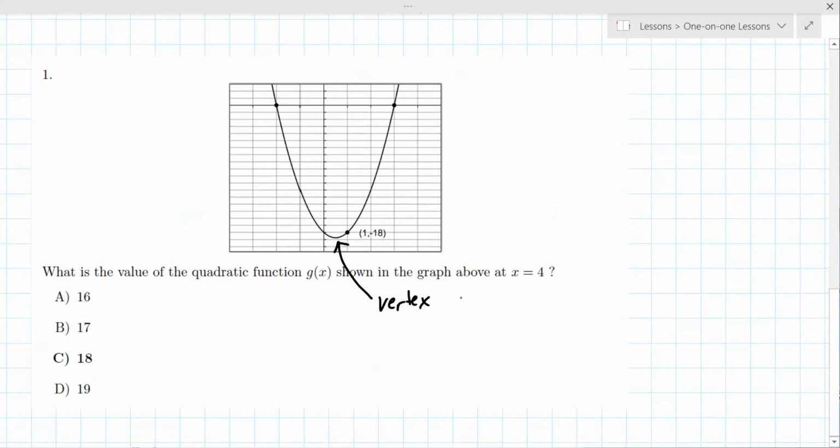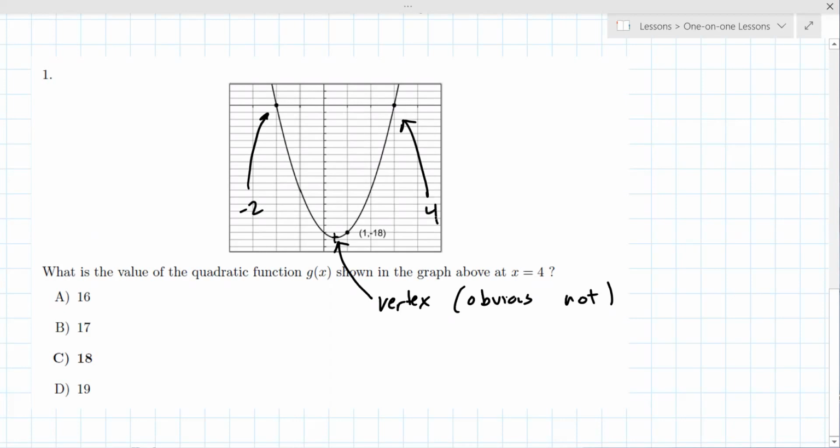That's sort of obvious here. You can't be like, is that half? Is it minus 18.5? So the vertex form doesn't work. This is emphasizing the intercept form. So there's one at -2 and there's one at +4.